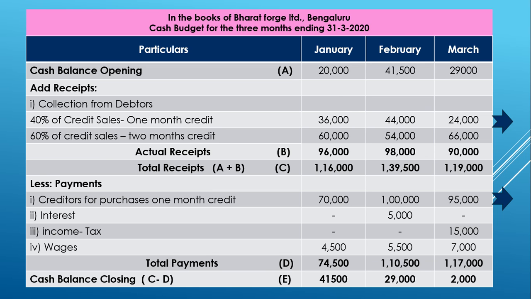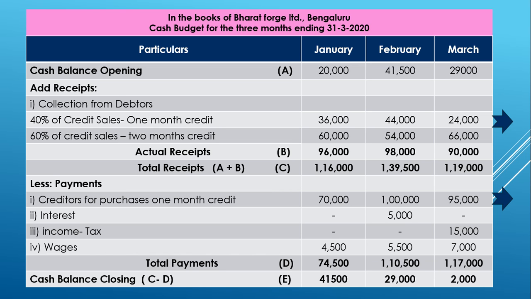So this month's closing balance will be the opening of the next month. So in March you can see 29,000. Again adding receipts, we get 1,19,000 minus 1,17,000. We will get the closing balance at the end of March as rupees 2,000.